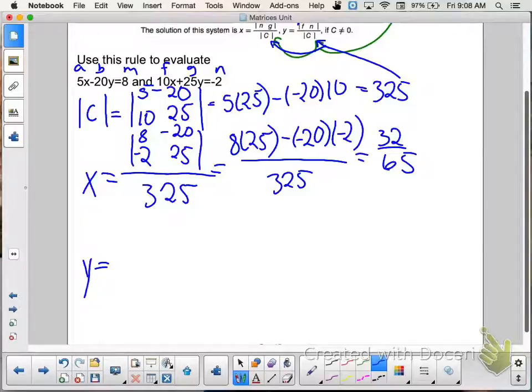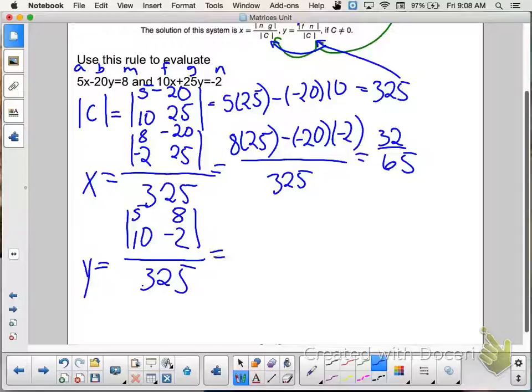So for this one, y is the same idea. I still have 325 on the bottom, and then in my determinant here, I will have A and M, so A goes first because it's my x, and then M goes next because that's my constant. And then F and N, so F is my x, and N is my constant, and notice they're from the same equation.